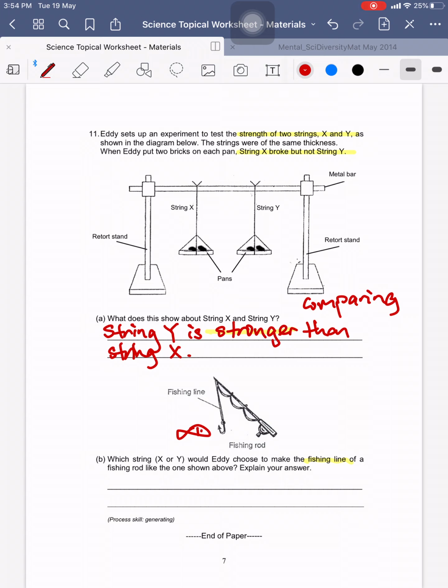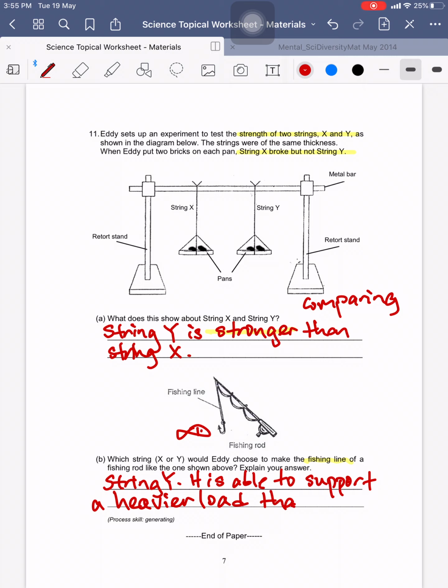So we would choose string Y. Alright, so why is it we choose string Y rather than string X? Because it is able to support a heavier load without breaking.